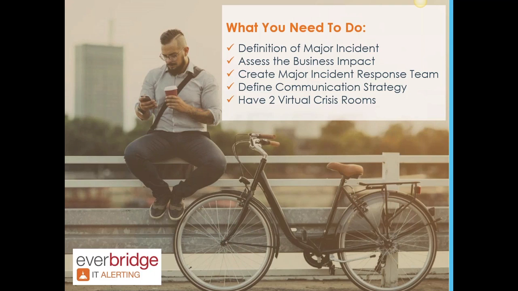Put together a cross-functional virtual incident response team that's going to be working on restoring the service as soon as possible. Define a communication strategy and use predefined communication templates so that everyone stays calm and knows what they have to do. As I just said, open at least 2 conference bridges, one for your experts, one for management.